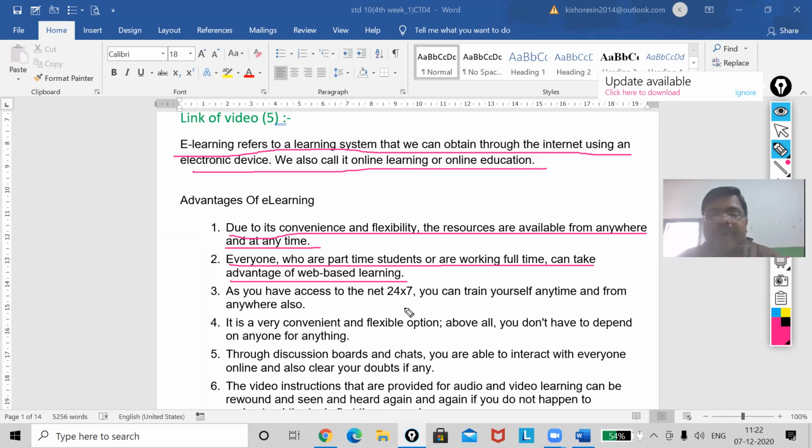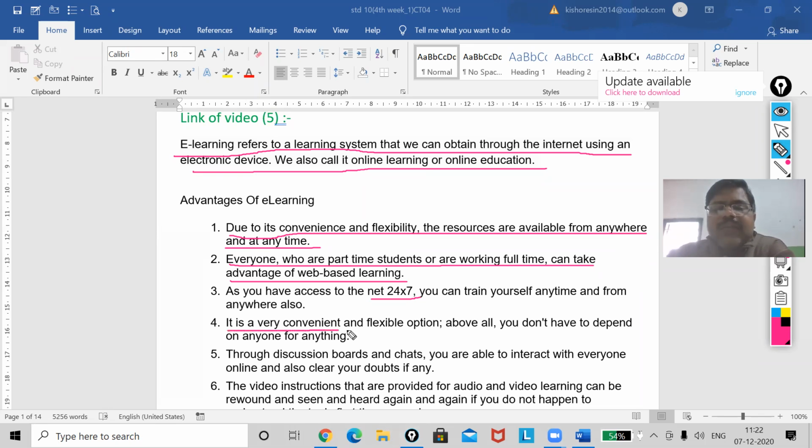Now, the next point, it is giving you a 24 into 7 facility. That means the server is never shut down. At any time you can join and get the benefit. But that will not be your live classes. For live classes, you have a schedule. But if you miss the live class, you have the recorded classes also.